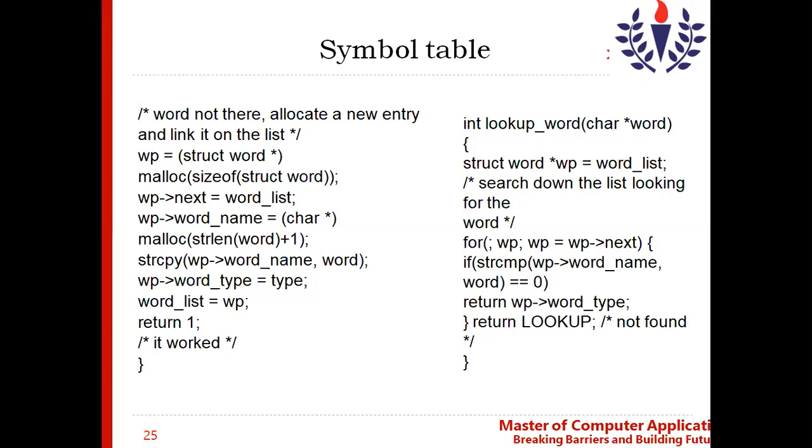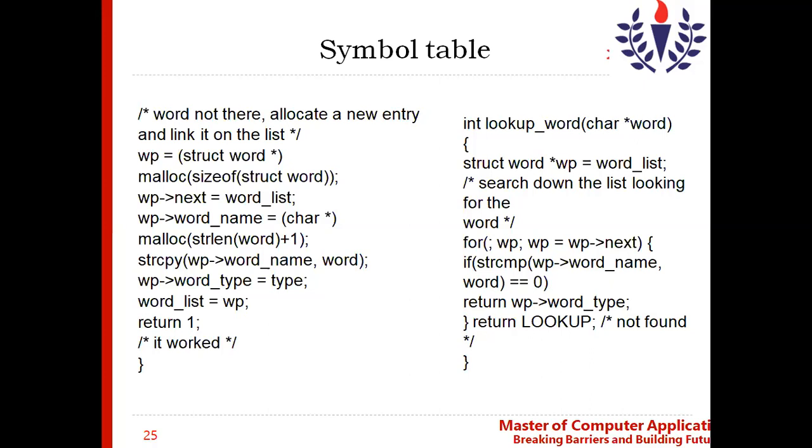If you look at the right side, that is lookup word, which means you need to search the word. So keep searching the word till you reach the last node, and you have to find whether the particular word matches with the word in the linked list. So you have a node. In the node, we have the type and word. So whatever input you are giving, if that word is there in the node, then it matches and we will be able to know what is the type of the word.